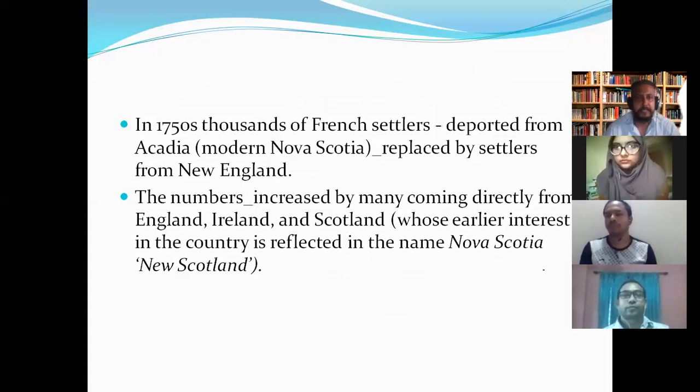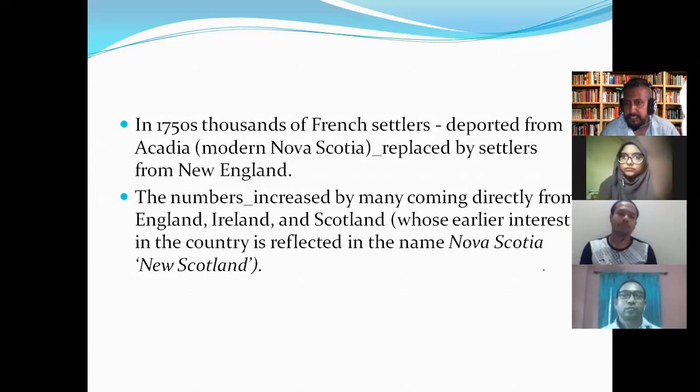And successively, the number increased, with many coming directly from England, Ireland, and Scotland. England, Ireland, Scotland are the UK, the United Kingdom, and their language is English, but the French people use the French language. They have a different language.